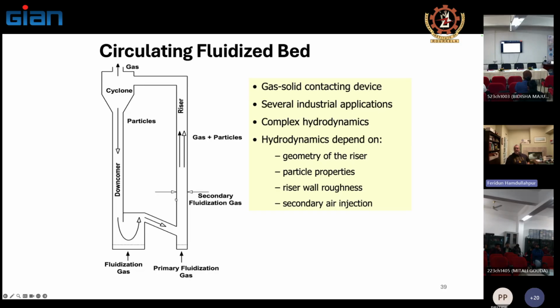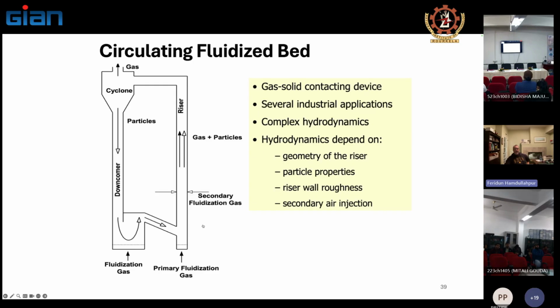So it is a gas-solid contacting device with many industrial applications. Hydrodynamics of a CFB is much more complex than the bubbling one. It depends on the geometry of the riser, particle properties, and adding to that is the secondary fluidization gas.